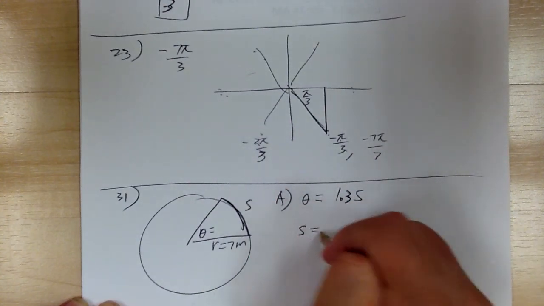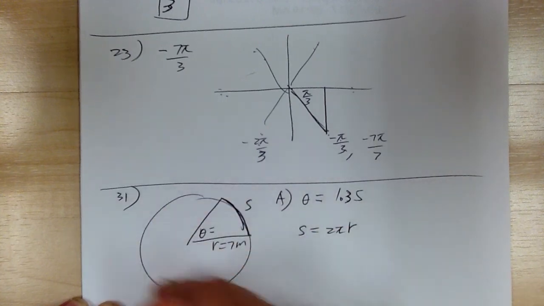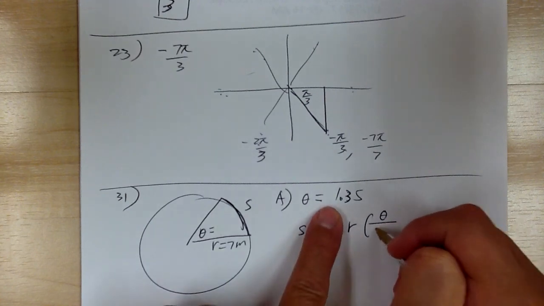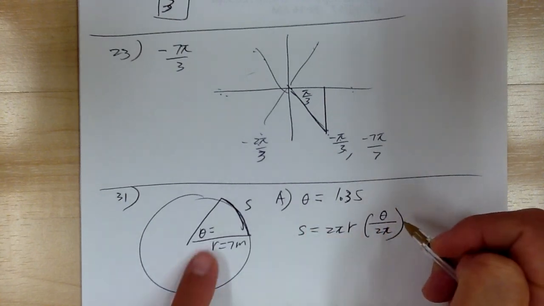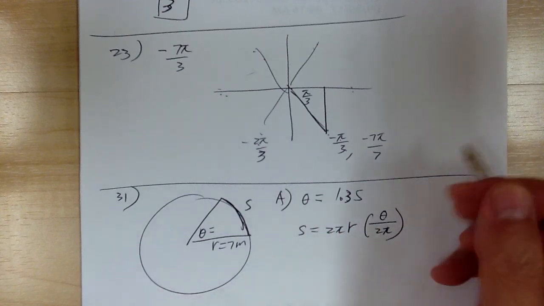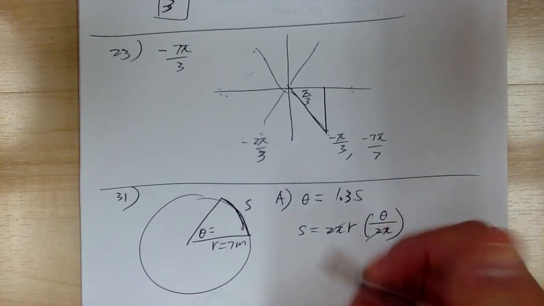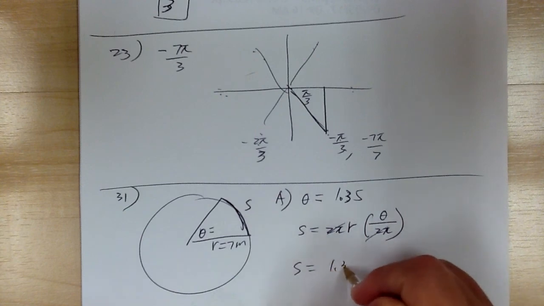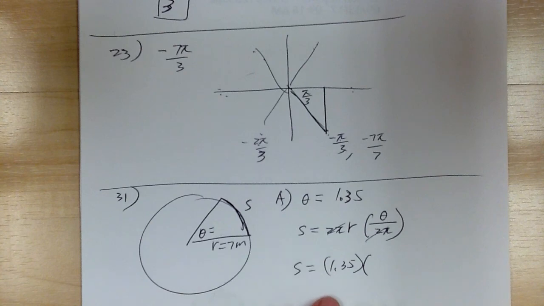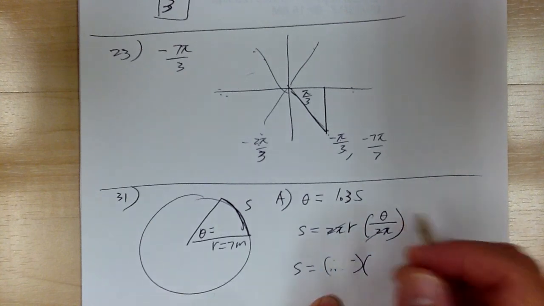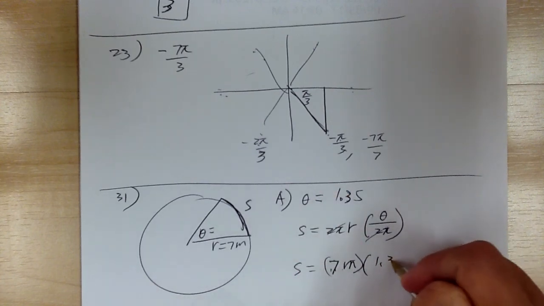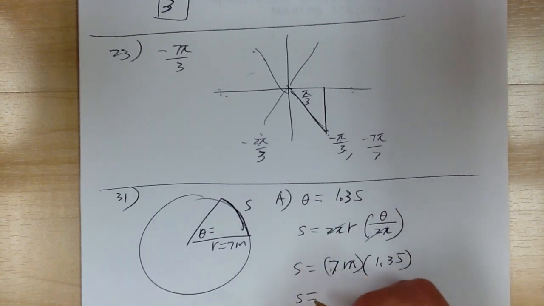So S equal to 2 pi r, that's the entire circle, times the fraction, so theta over, now this is radian, so it would be over 2 pi, right? If it's degree, you would be over 360. So this is radian, you have to use over 2 pi. And this will cancel out, then you substitute, so S equal to 1.35, and radius is 7 meters.